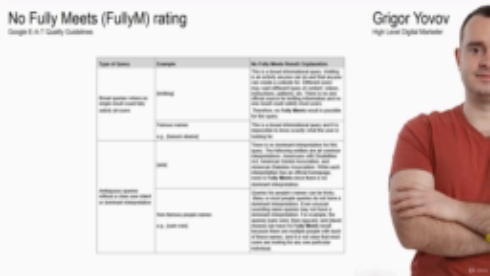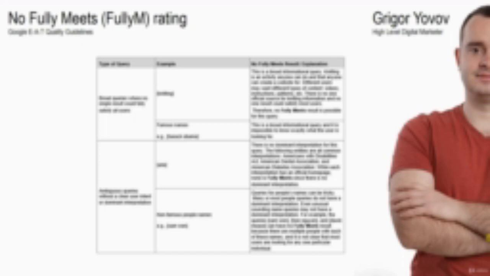The first example is knitting, and the explanation why it couldn't get the full meets rating is that this is a broad information query, and knitting is an activity anyone can do and anyone can create a website for. Different users may want different types of content: videos, instructions, patterns, etc. There is no one official source for knitting information, and no one result could satisfy most users.